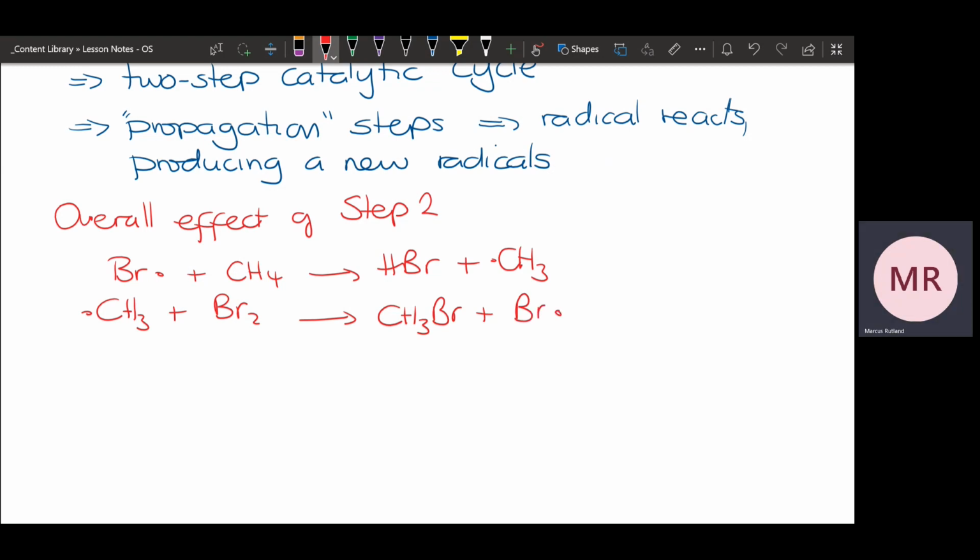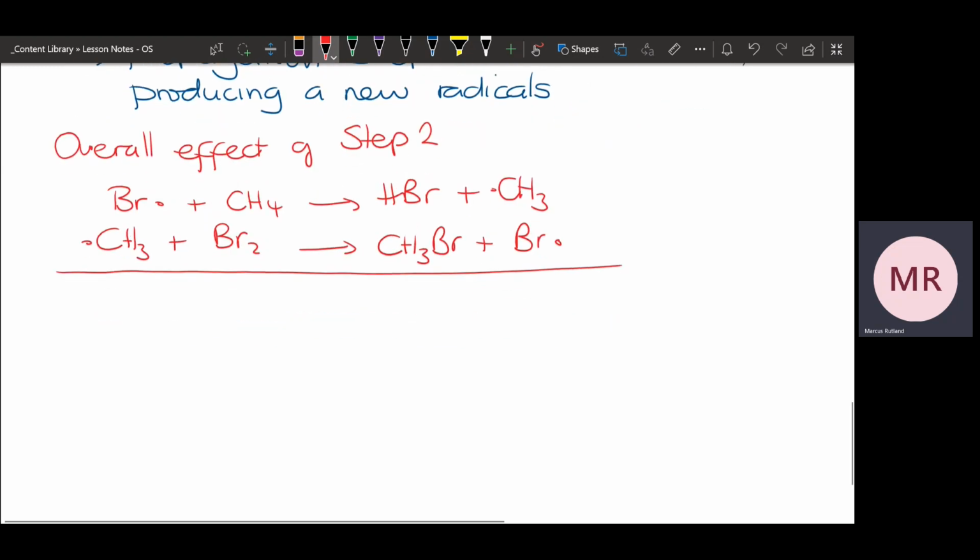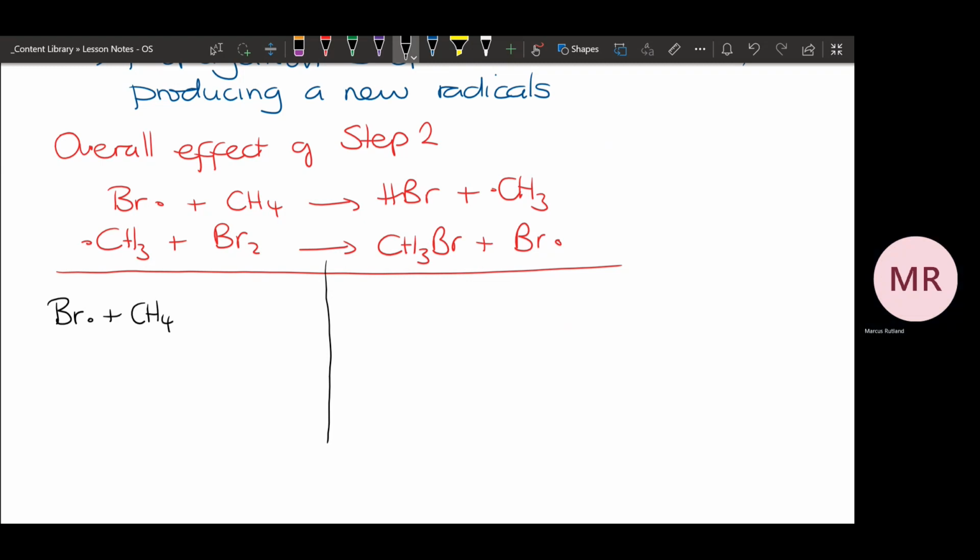If you want to know the overall effect of steps that happen one after the other, you can effectively add up everything on the 2 sides. So if we add everything on the reactant side of the 2 steps, we end up with Br dot plus CH4 plus CH3 dot plus Br2.